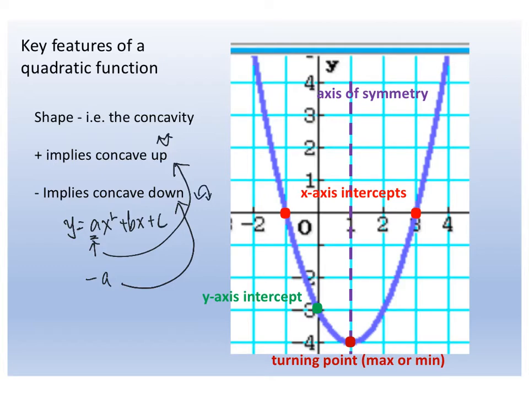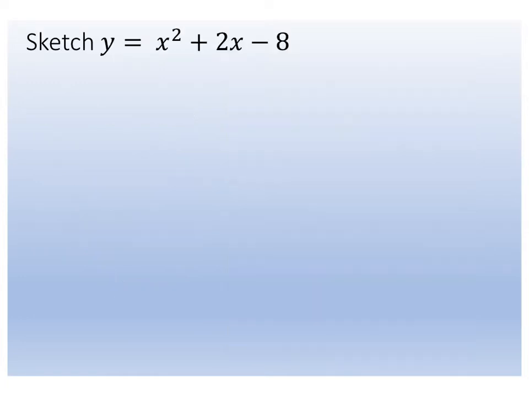Alright, so important to know the negative and positive. Then you know the axis of symmetry, the x-intercepts, which are also called the roots, y-intercept, and then the turning point. With that, you should be able to sketch the parabola. Now, let's do this. I would like you to sketch y equals x squared plus 2x minus 8.